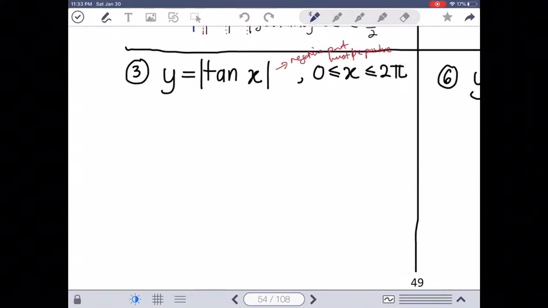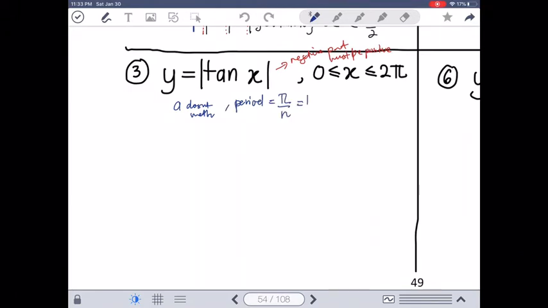Again, our A doesn't matter, and our period is equal to pi over n, which is pi over 1, since n is equal to 1, which is pi.